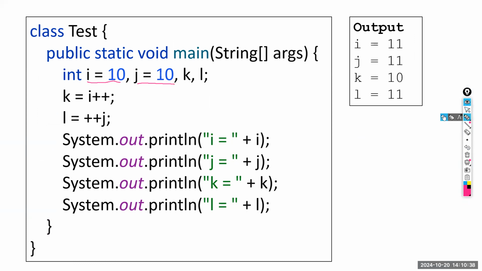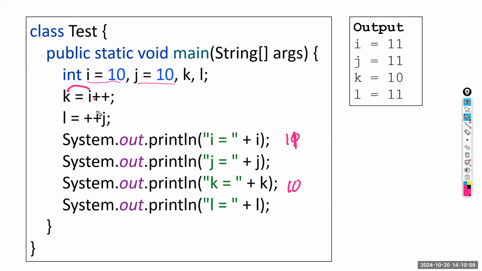So here what happens is, first the current i is assigned to k. Current i is 10, so therefore k is 10. And then i is incremented. So therefore i will be 11.